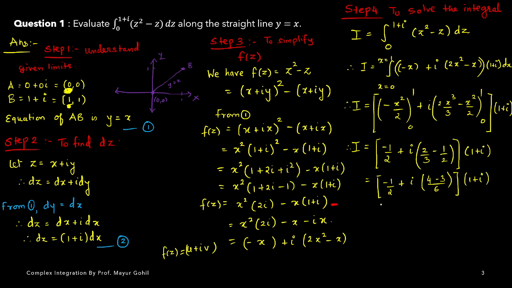So when you do the multiplication here, you'll get minus 1 by 2 plus i times 1 over 6, times 1 plus i. I'll just put a line. Okay, so that's the answer there.